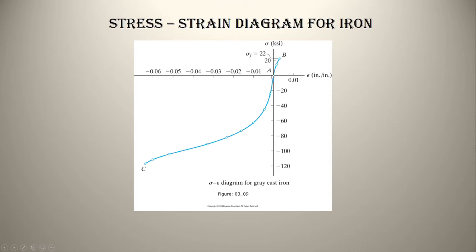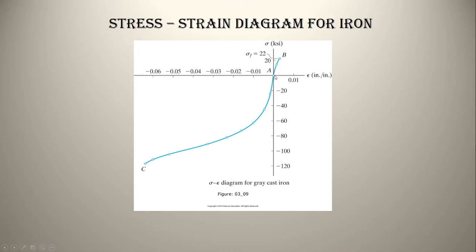But it is very good in compressive load. It goes up to about 120, so 5 times the value in compression. Its strength lies in compressive loads, not so much in tensile loads. These are the tensile loads on the right hand side, and these are compressive loads.